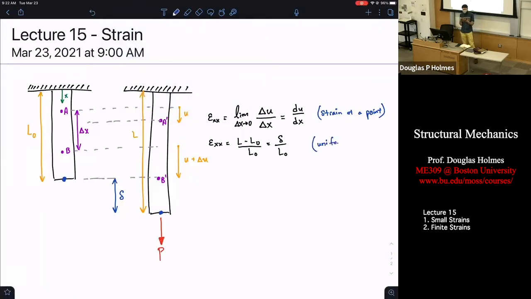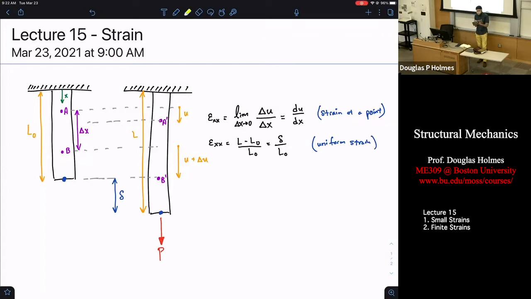This is saying, well, who cares what's happening in the material? I know that the average strain at any point is basically going to be the difference of the endpoint relative to the initial length of the material.